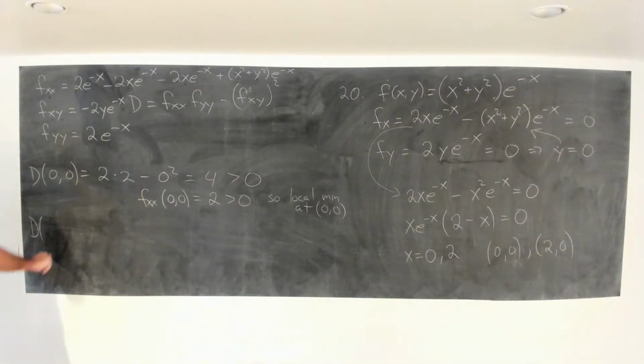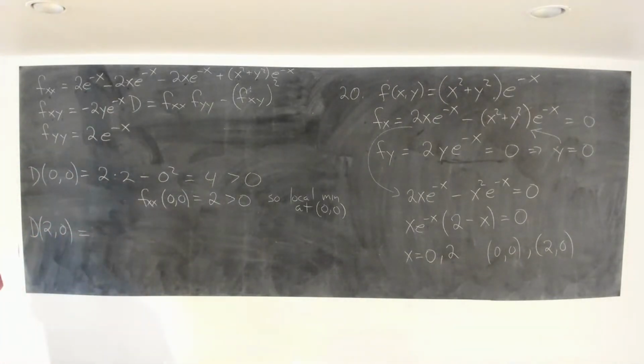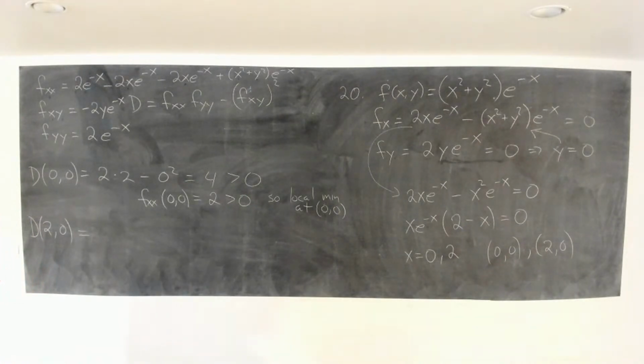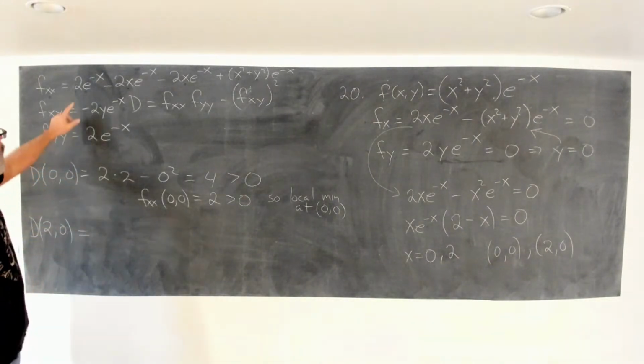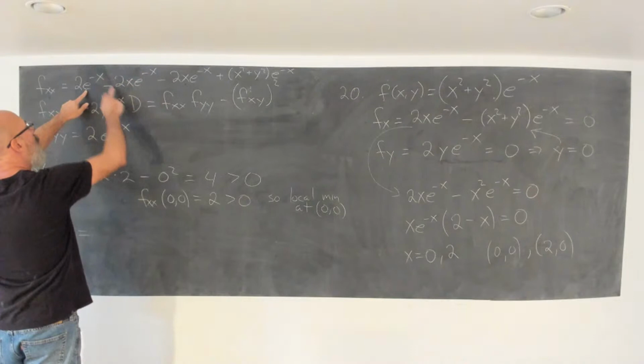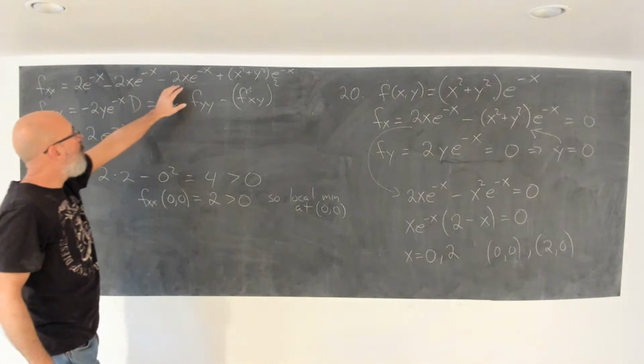And let's calculate at 2, 0. So y is 0 there, x is 2. If x is 2, what do we have here? We're going to have a minus 4 plus 2, so that's minus 2.